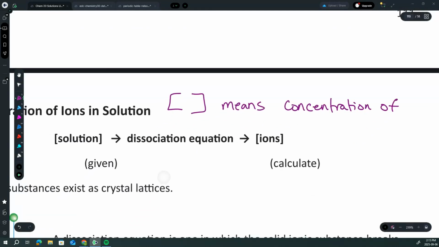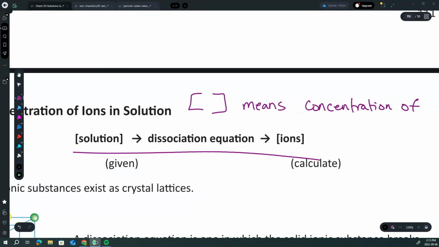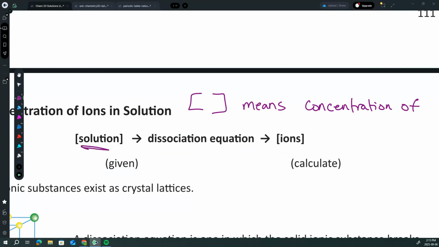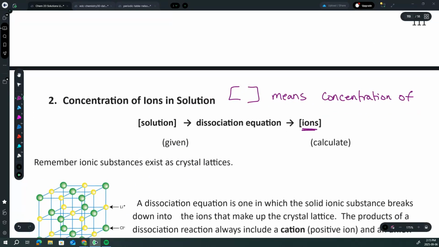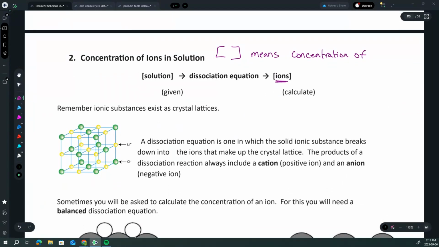Okay, so this statement here is just saying that we're going to be given some concentration of some solution. We need to write out a dissociation equation and then calculate the concentration of the ions that are asked for in the question. So remember that ionic substances exist as crystal lattices.